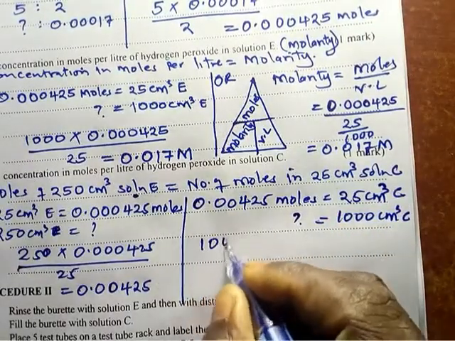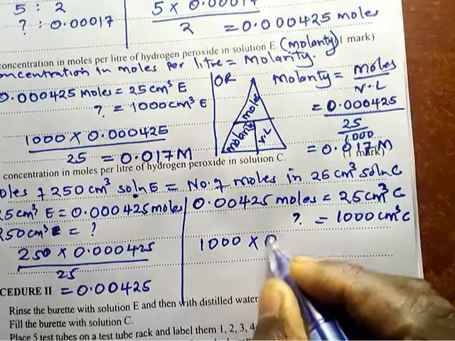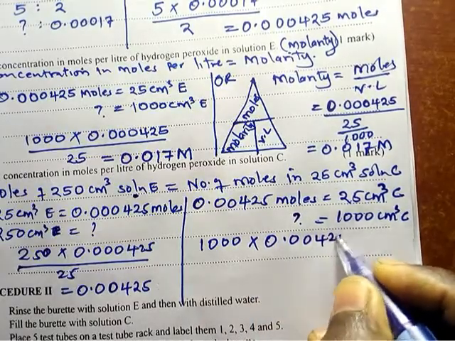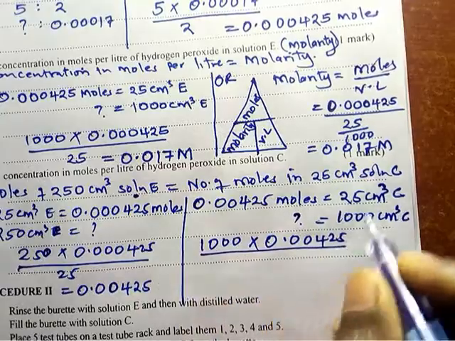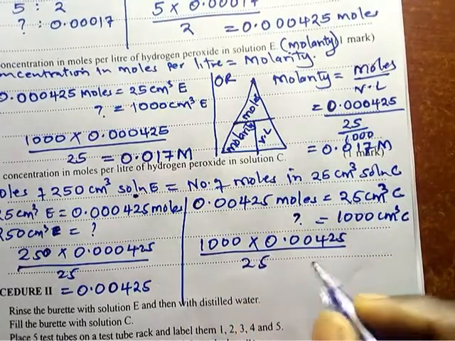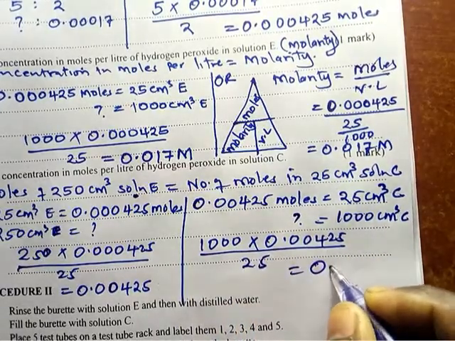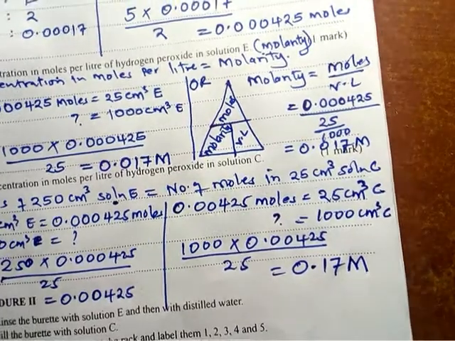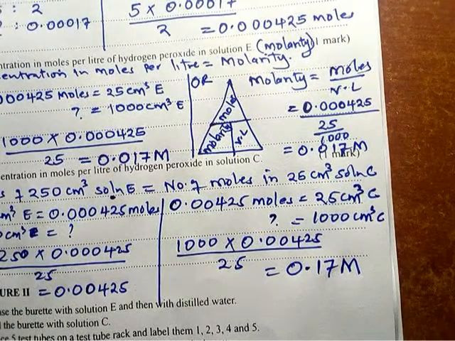So it is 1,000 times 0.00425 divided by 25. And this one will give us 0.17 capital M. So the molarity of the original solution C is 0.17 molar.